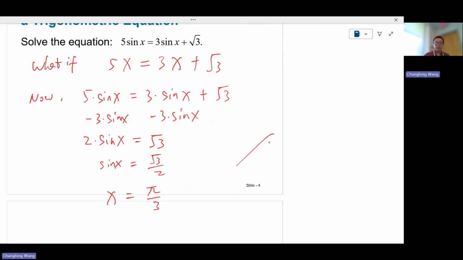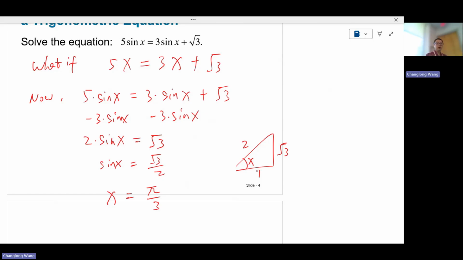Well, in a right triangle, for the angle x, the sine of x is opposite over hypotenuse, and you have the remaining side to be 1. You see that 1 should be the opposite of a 30 degree angle, and therefore the adjacent side is 1, so the angle has to be.